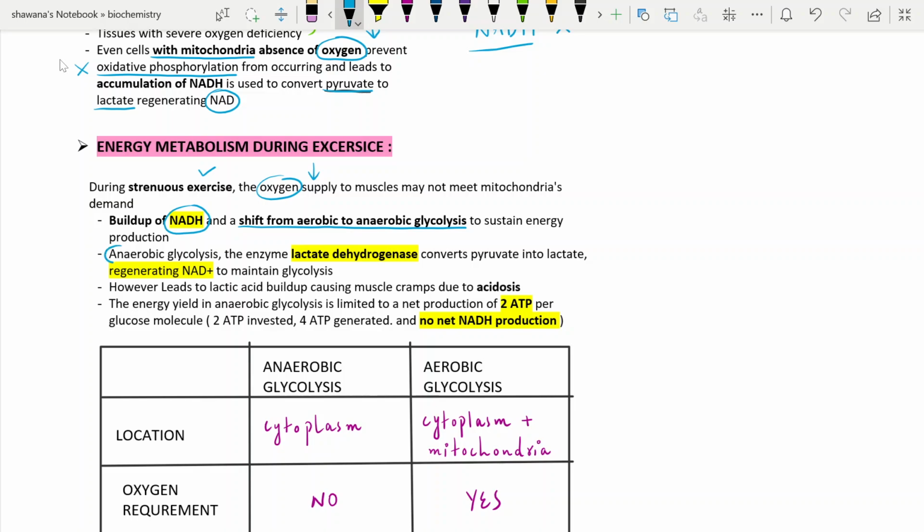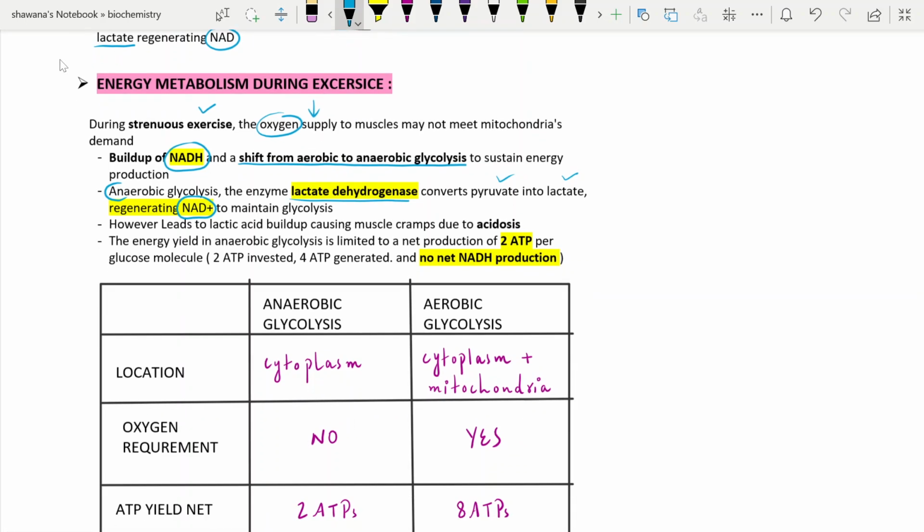In anaerobic glycolysis, lactate dehydrogenase converts pyruvate to lactate, and in this step we are regenerating NAD positive. The same things are repeating here. But one thing new is that when there is lactate build-up, it will cause muscle cramps because of the acidosis. Lactic acid is an acid, right? So it starts to increase in our bloodstream and it will cause acidosis in the body.